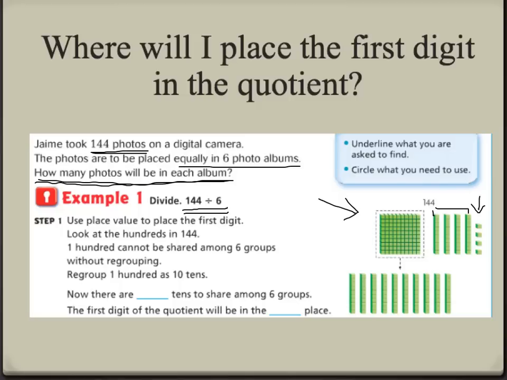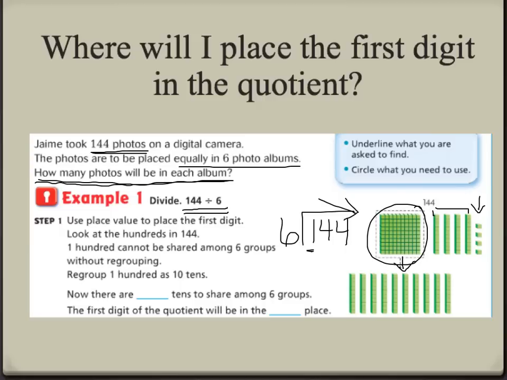So if I have 144 divided by 6, can I take this 100 and divide it equally by 6? Well, I can't unless I regroup. So you can see right here, they have taken the 100 and made that 10 tens.